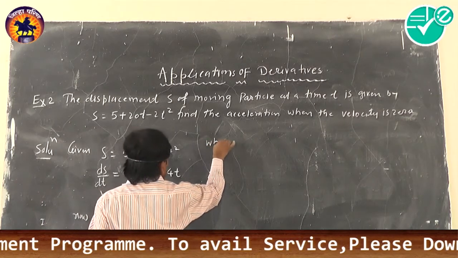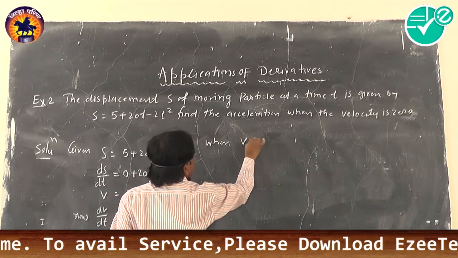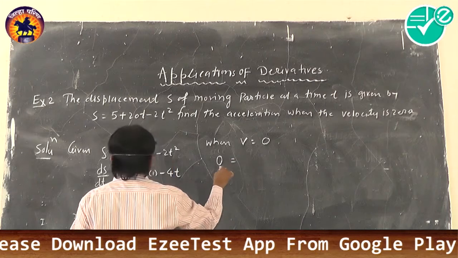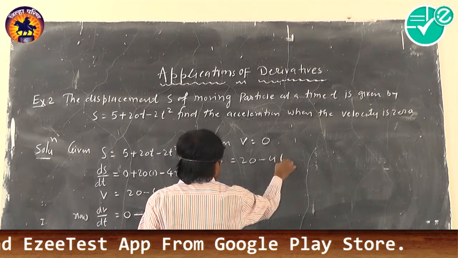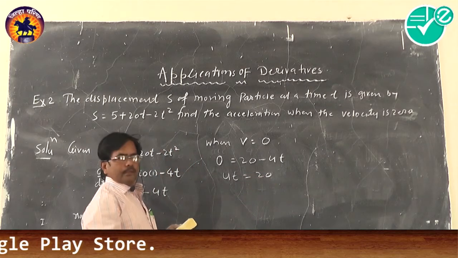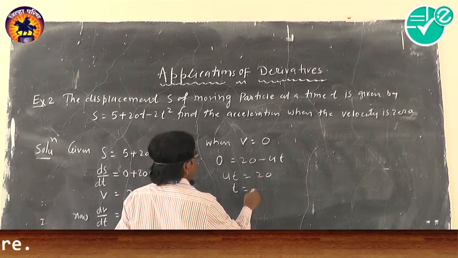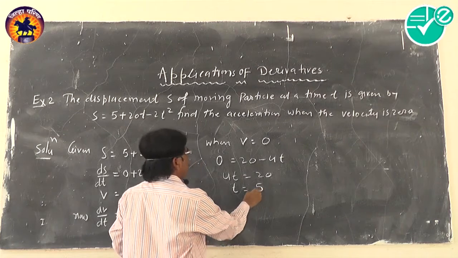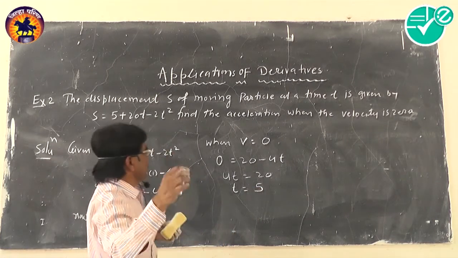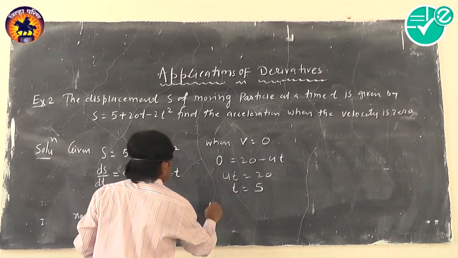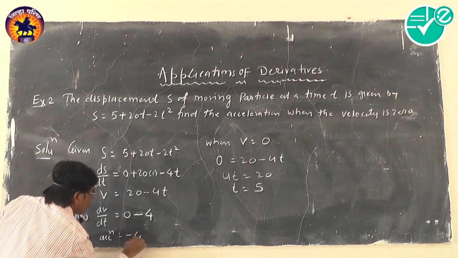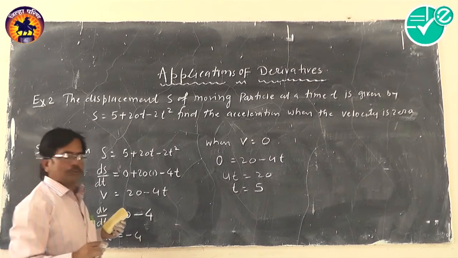Now when v is equal to 0, velocity is equal to 0, therefore 0 is equal to 20 minus 4t, therefore 4t is equal to 20, that is t is equal to 5. Acceleration is nothing but minus 4.